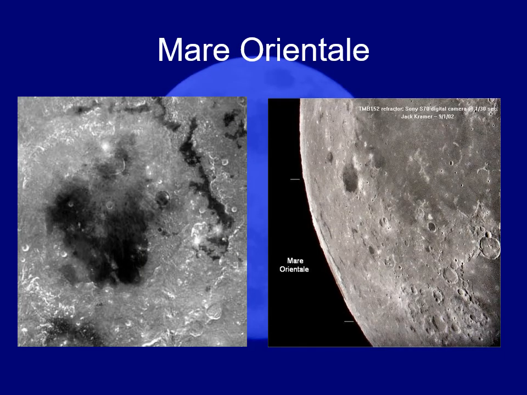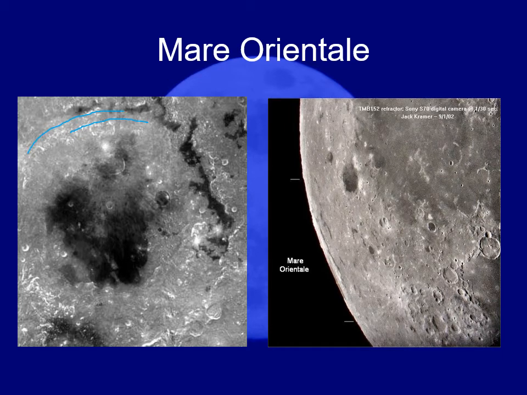Okay. Around the edge of the moon, as we see it from Earth, is Mare Orientale, Eastern Sea is what that means. It is right there on the edge of the moon, and sometimes you see it, sometimes you don't. It is a giant impact.